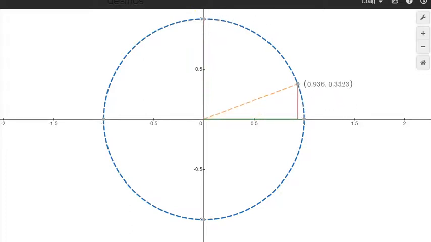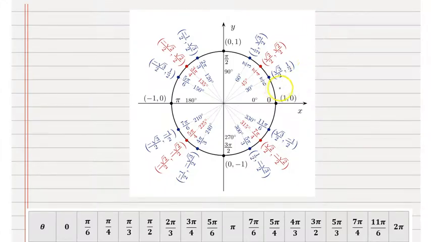Now, rather than picking a few random points to plot into Desmos to see the curvature of the sine function, I propose we use the exact values from our unit circle. So for 0 radians, or 0 degrees, we have sine of 0.